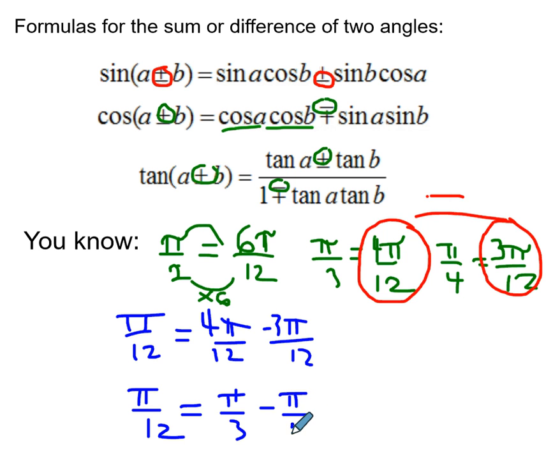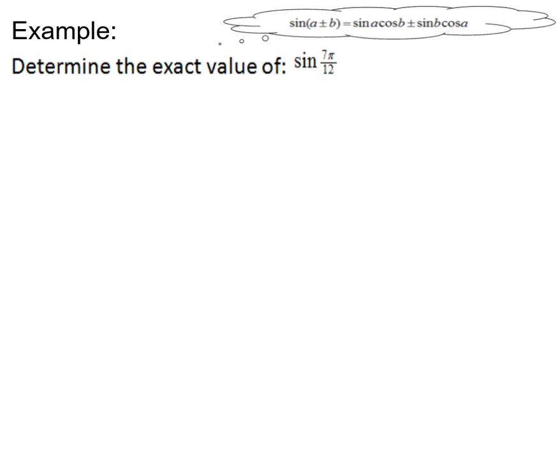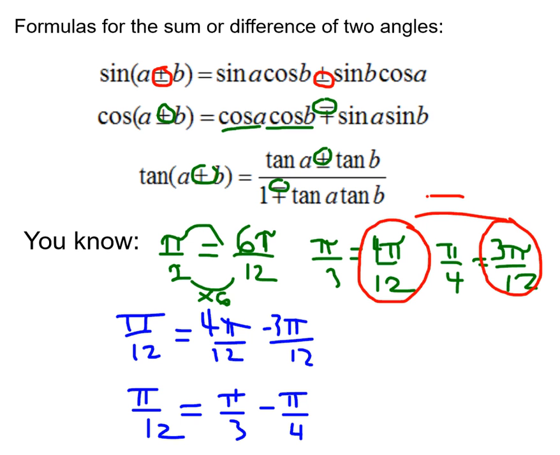So let's go back to our question. Actually, we're not going to go back to the same question. We're going to be looking at sine of 7 pi over 12. I put up the formula just so we remember. If we're looking for 7 pi over 12, we can again take these two, but we're going to add them up. If we add 4 pi over 12 plus 3 pi over 12, we get our 7 pi over 12.